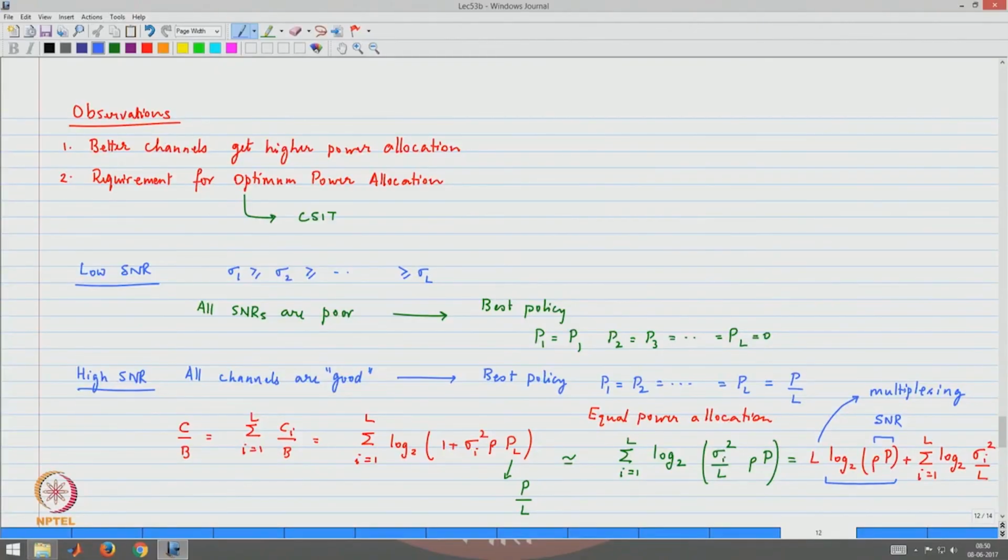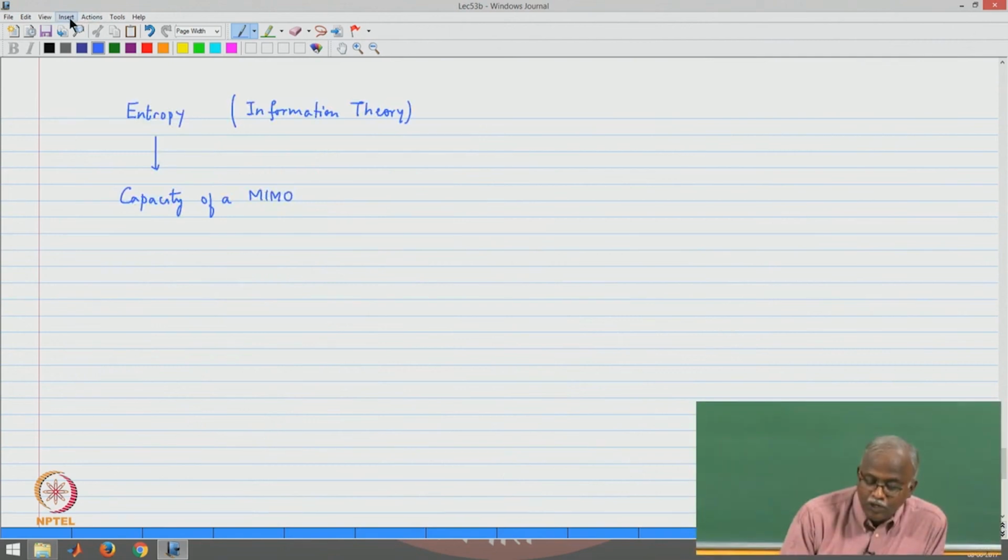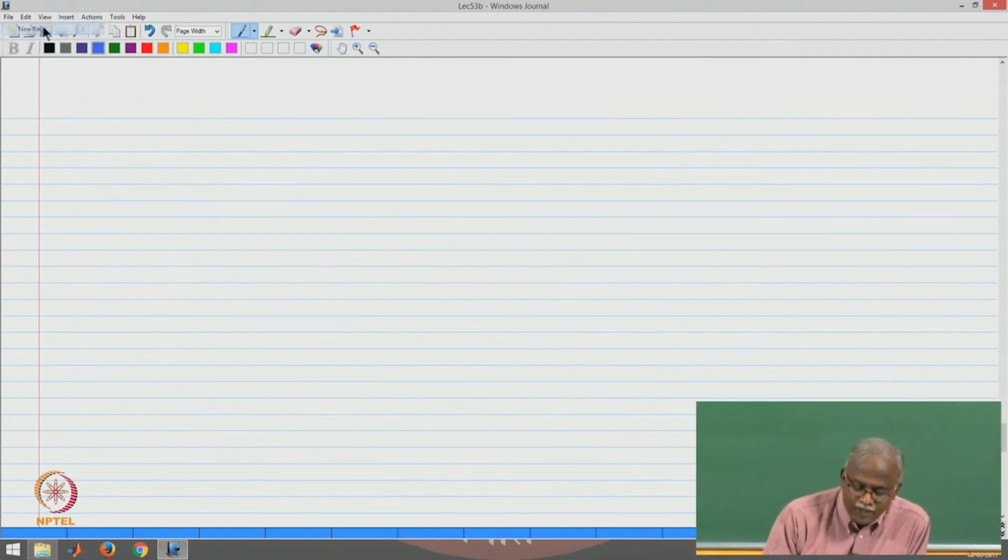Now, the last observation is what happens when we find that the rank is not equal to the dimension, that is, when the rank of H is less than full rank. We said the rank of H is equal to L, which is less than or equal to n. So, what if L is less than n?